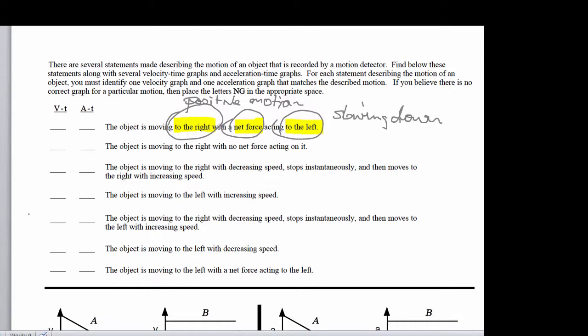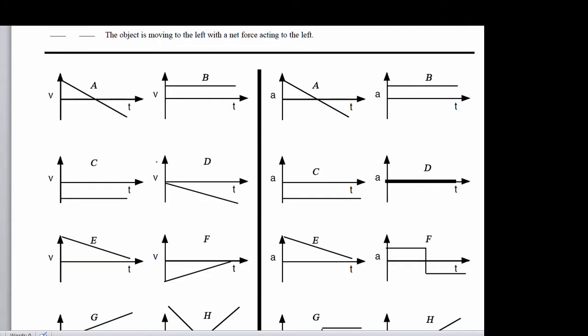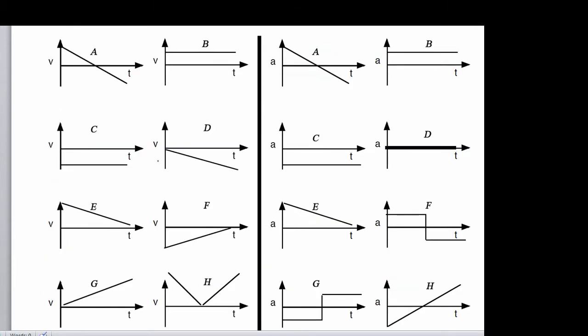So if we now look for a velocity time graph which has positive motion but then slowing down, which one of these velocity graphs would be reasonable to look at? All right, there we've got this one here. We've got this one, this one, this one. We want a velocity which is moving to the right, but slowing down.